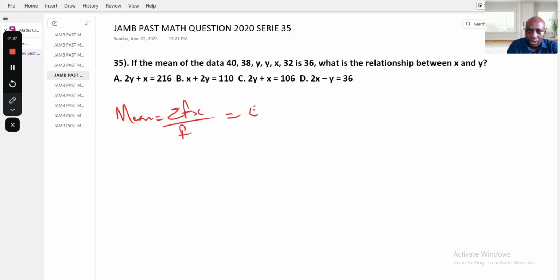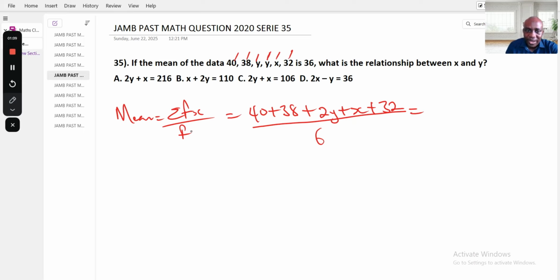Total summation is 40 plus 38 plus y plus y, which gives us 2y, plus 1x plus 32, divided by the total frequency. 1, 2, 3, 4, 5, 6. The total is 6, isn't it?